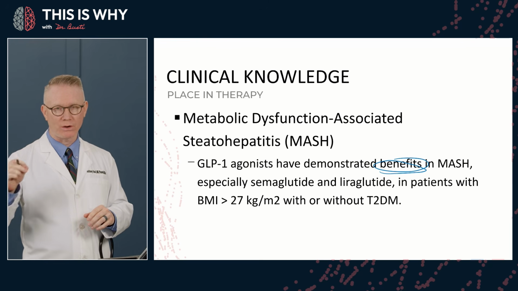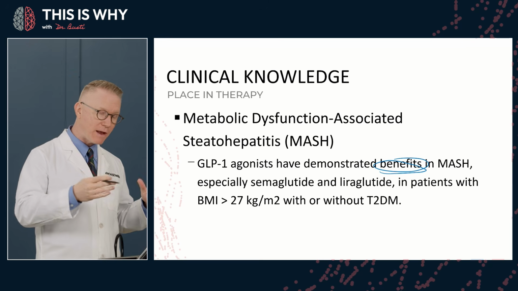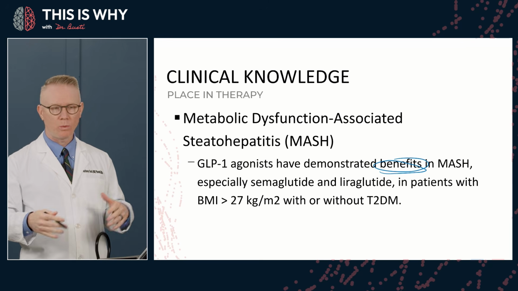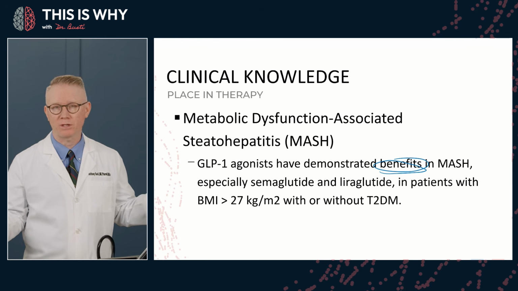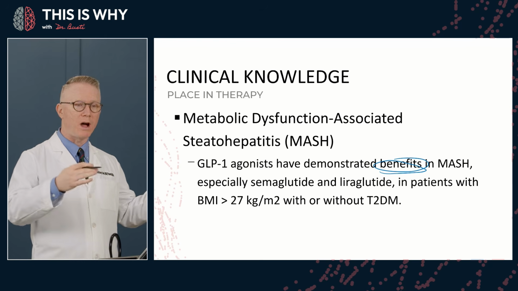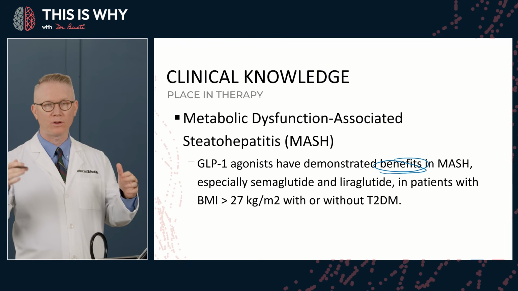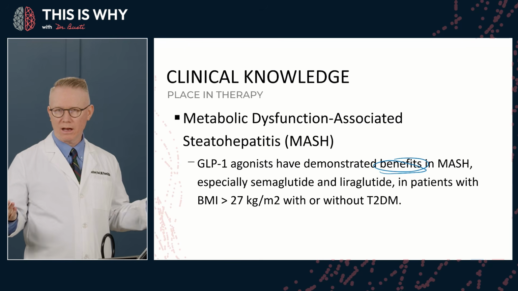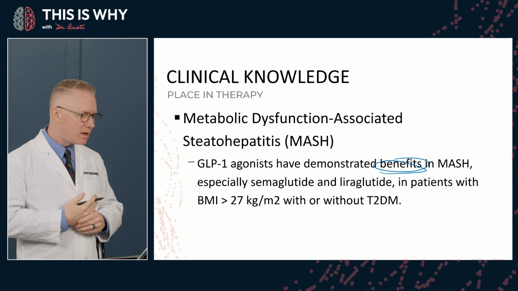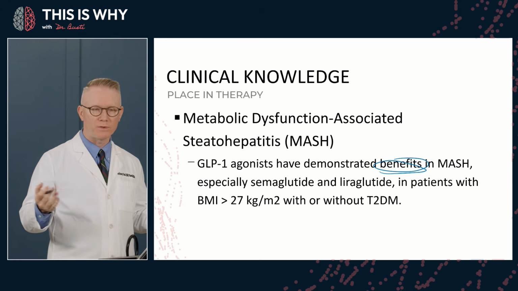Hepatitis being inflammation, irritation of the hepatocytes in the liver. Why? Because of stuff that's not supposed to be there, usually fat deposition. That's where the older term non-alcoholic fatty liver disease comes from, right? We had NASH and non-alcoholic fatty liver disease, NAFLD. Like those terms have evolved.